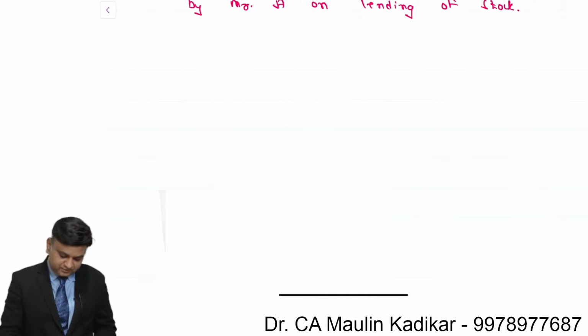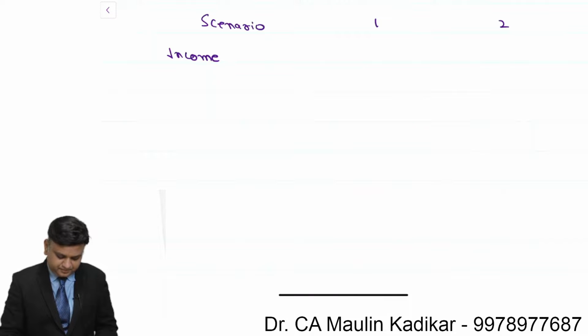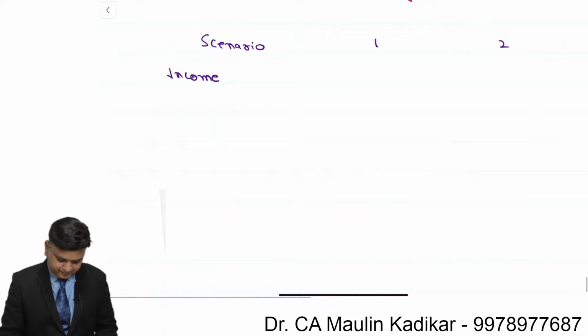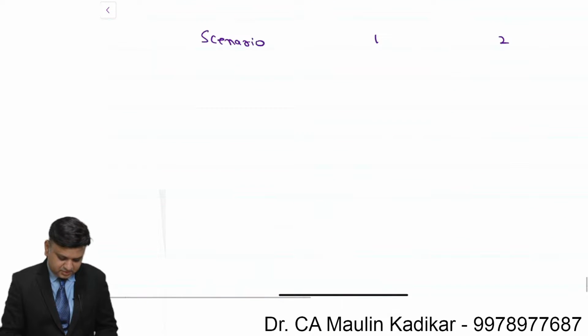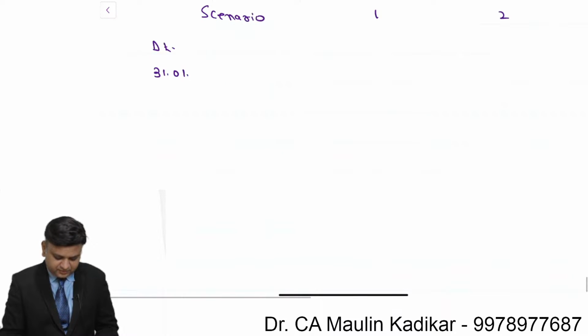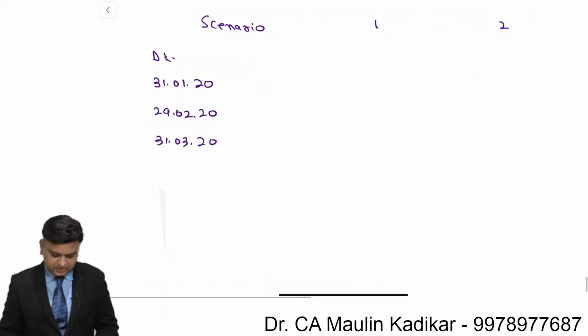So write down the answer further. Scenario 1, scenario 2, income. The dates are 31st of January 2020, 29th of February 2020 and 31st of March 2020.